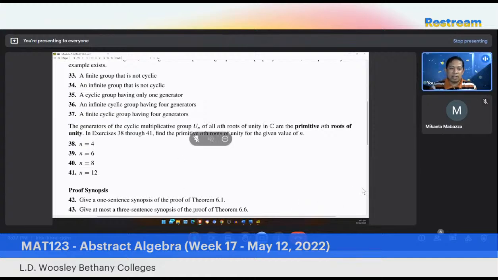Okay, what's your answer? So for unity, pag kinuha mo yung fourth root ng isang complex plane, excluding the real part, assuming siya ay complex plane, ano yung magiging sagot?